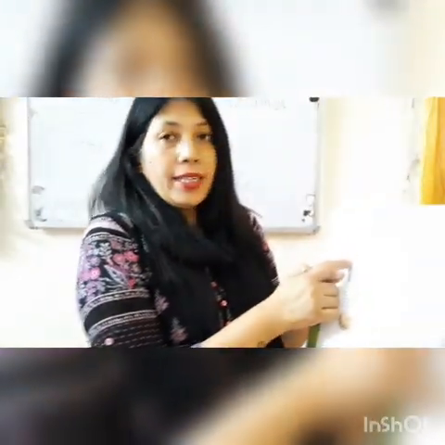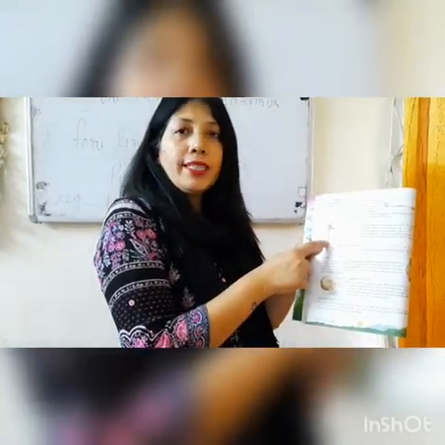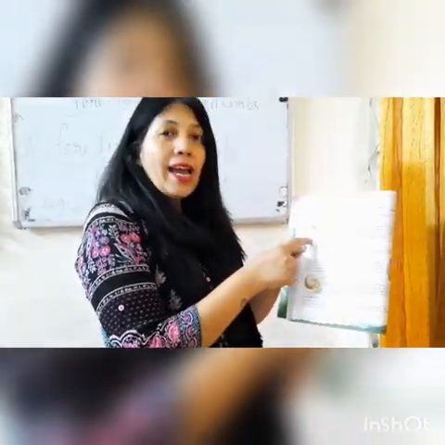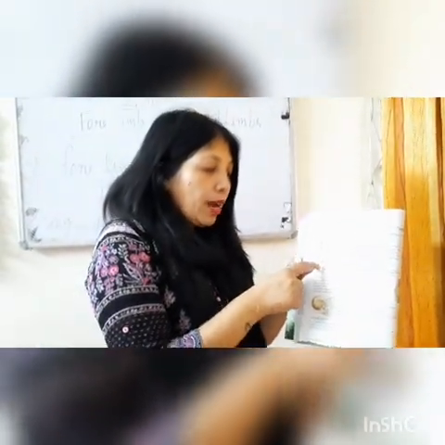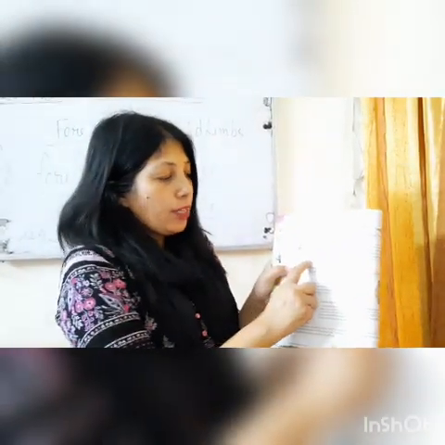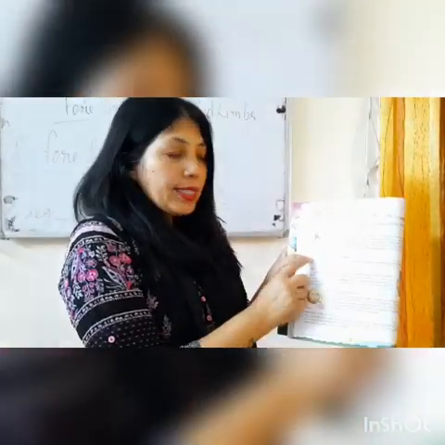Your leg is also divided into 3 parts, and the upper part is a single bone, and it is the longest bone in the human skeleton, and it is known as femur. Then the lower part has 2 bones, and these are known as tibia and fibula. These 2 bones are known as tibia and fibula, and it is connected to your ankle and to your foot. And in your foot there are 26 bones.